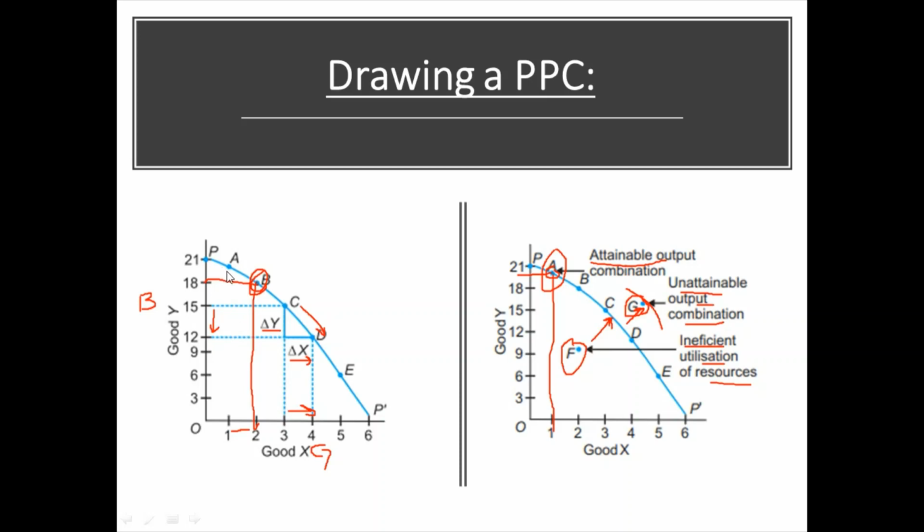This happens mainly because of the same reason: to produce one more unit of good X, suppose, we have to sacrifice some units of good Y. So producing an additional unit of good X leads to sacrificing units of some other good. And as we increase the production of good X, we'll have to sacrifice more and more of good Y. So the shape of a production possibility curve thus comes out to be concave.